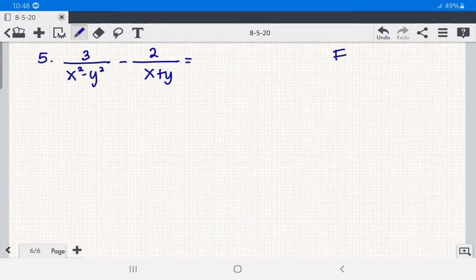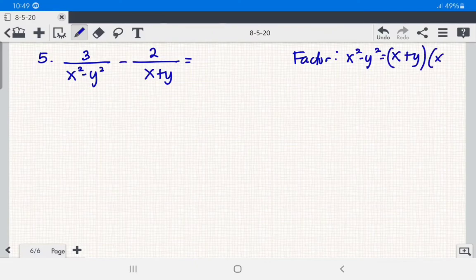So, let us now factor the first denominator, which is x squared minus y squared. This is a difference of two squares. So, factors are x plus y and then x minus y.